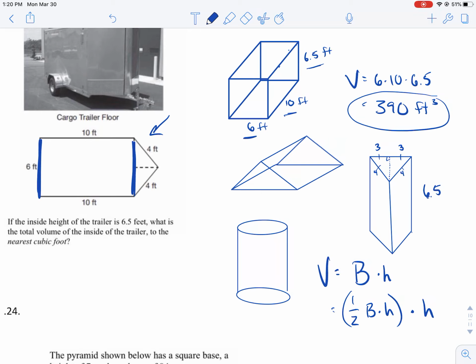You draw a perpendicular line from this angle down to that side. It should split up both of these measures right here. So anyway, that's what we're looking at. So in order to find our height, let's take a look at our triangle here.